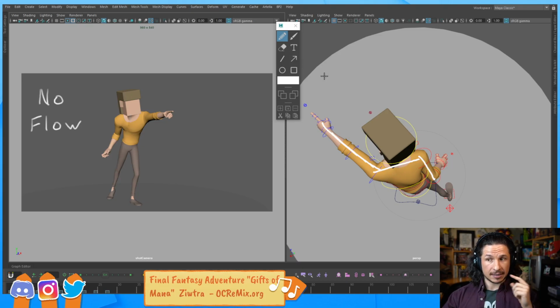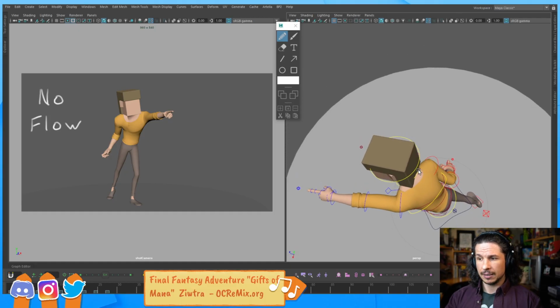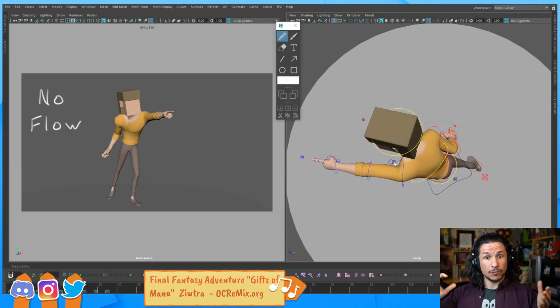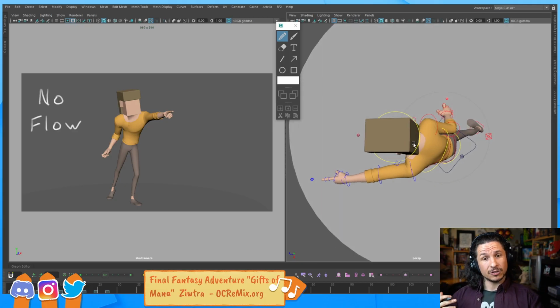So with the clavicles, we often see this, that moment where they're not posing the clavicles correctly, it breaks the flow of the pose. So how do we fix this? Well, one of the things is look at your pose from as many angles as you can and see about trying to push that. Now, naturally, that flow should come in by default, but we can always double check.